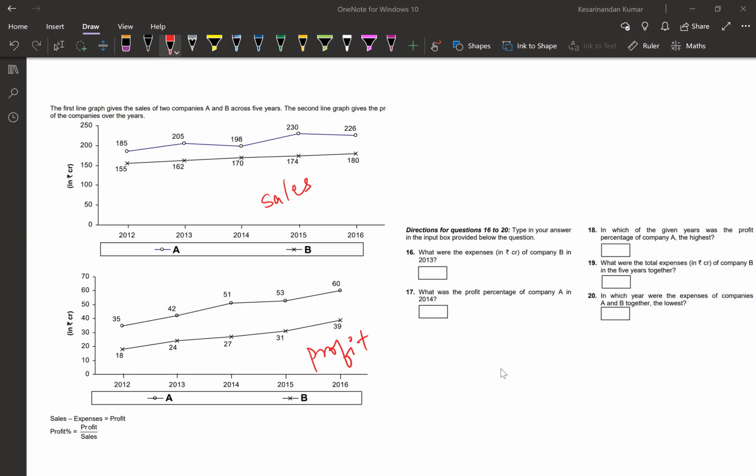Yes, Ashvik, now it's correct. What happened the previous first 2 times? No, I was actually calculating expenses by profit minus expenses by expenses. That's why I said, please be careful that it is given sales and profit. Yeah.